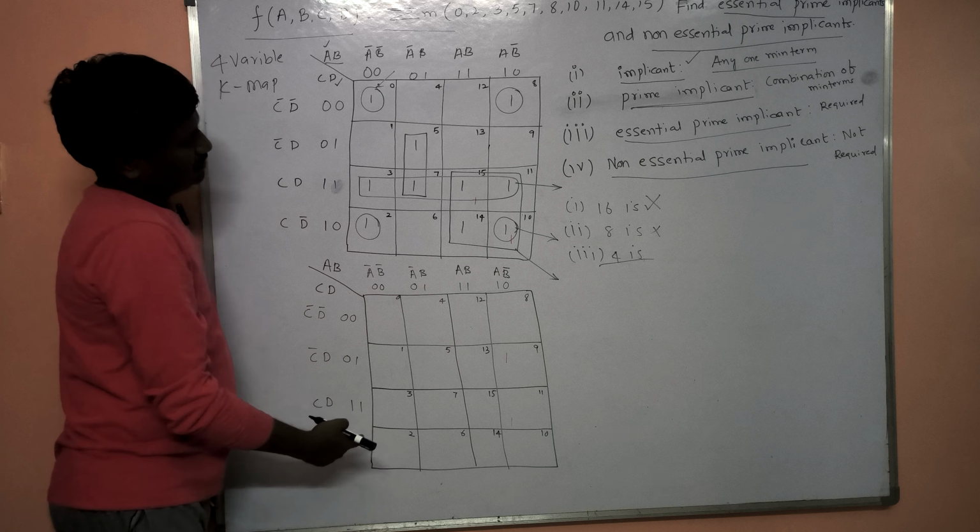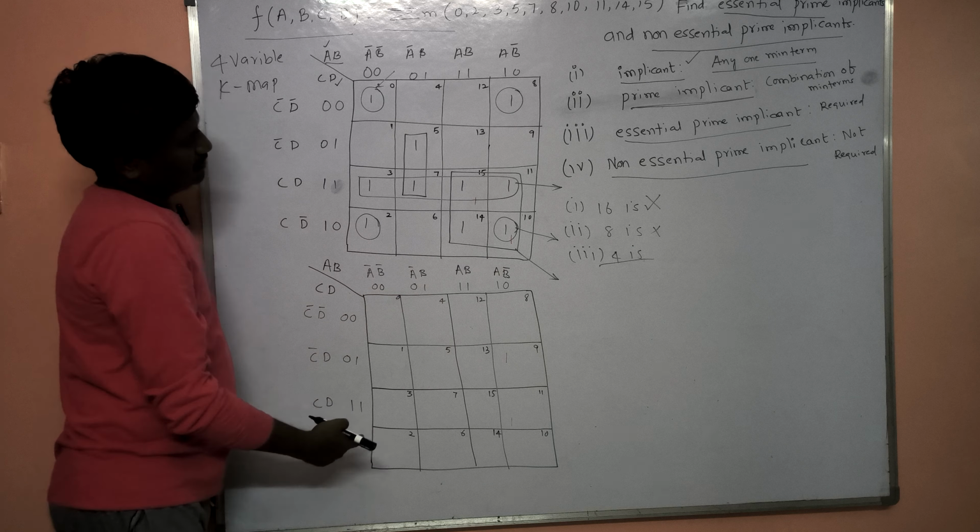Okay. If I take these 4 ones, out of these 4 ones, this one is not covered in any other group. So this is covered here in this group, these 2 are covered in this group. If I take these 4 ones, this is covered, whereas this is covered, but this is not covered.